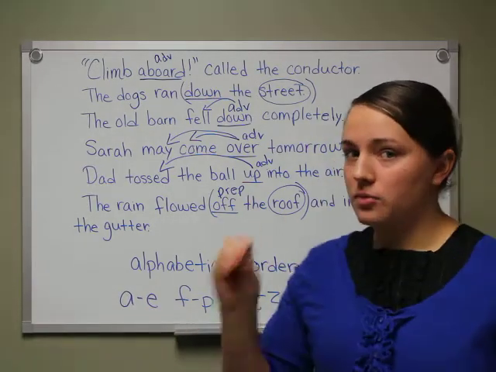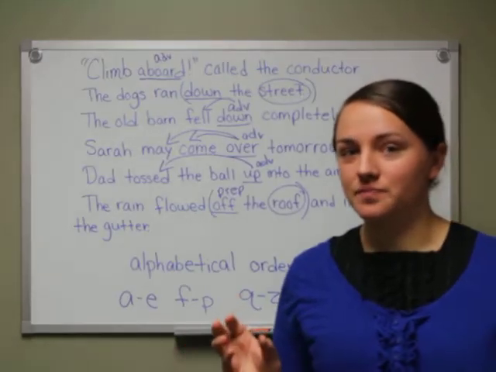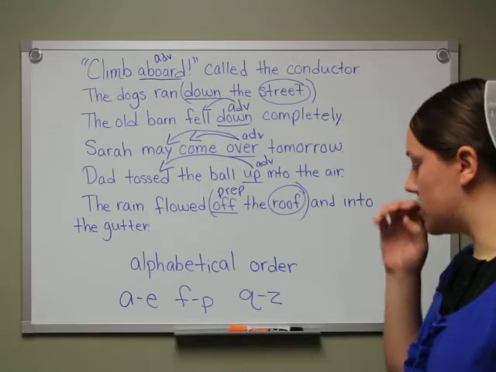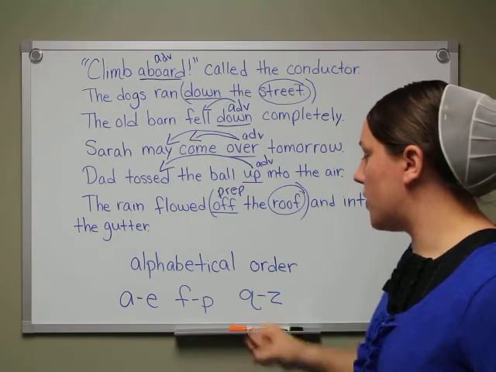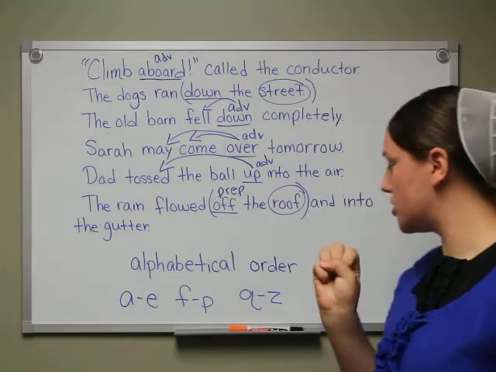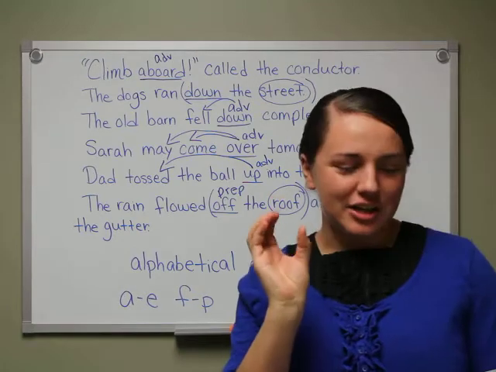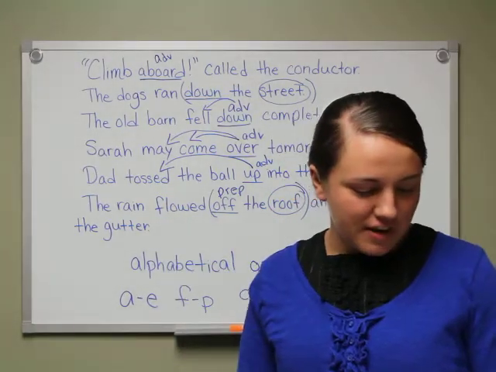Words F through P would be the second section. And words Q through Z would be the third section. Okay? So you can think about that as you're looking up a word that starts with F. You're going to look in the middle section of the dictionary. If you're looking up a word that starts with Q, or a letter between Q and Z, you're going to look in the last section of the dictionary.